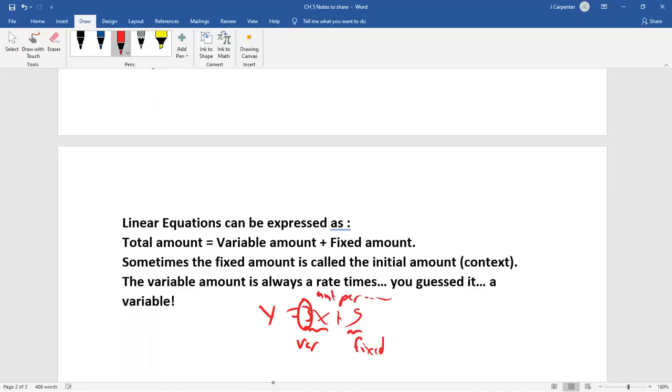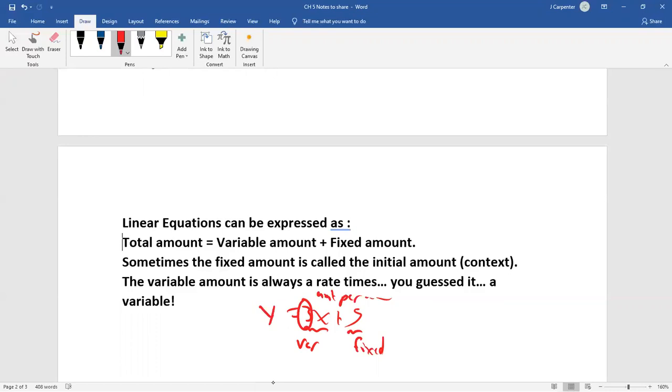So the cost per minute, or the weight per gallon, or the driving distance per hour. So that number is always the thing that has a per in it. The fixed amount is always the number that doesn't have a per in it. It's the thing that you're just adding one single time no matter what. So that adding $20 to the cost per minute value.